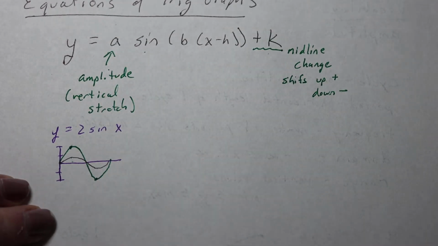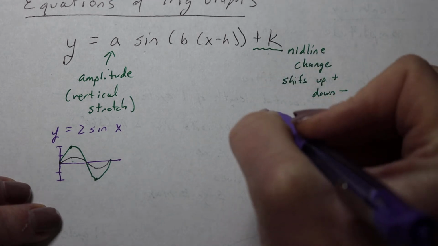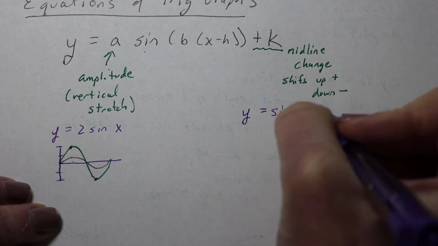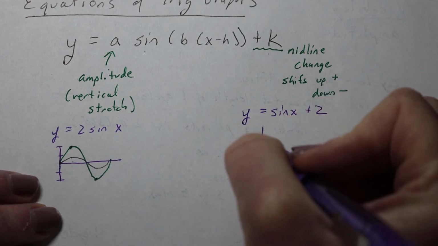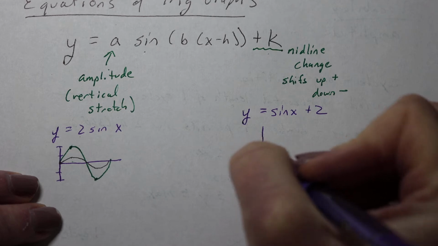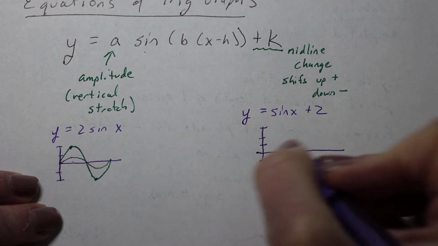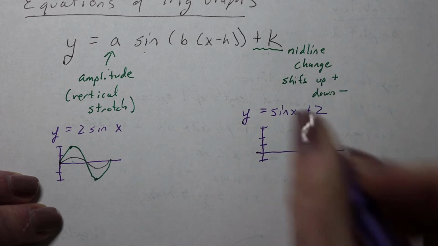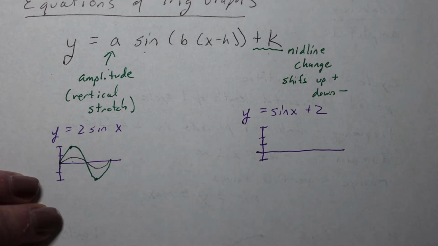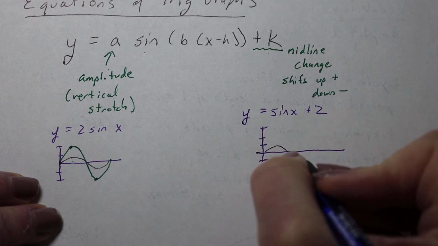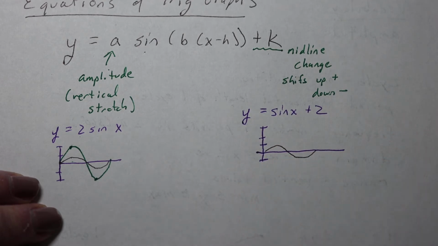So what might this look like? If I took y equals the sine of x plus 2, we know that the normal parent graph only reaches a high and a low of 1.